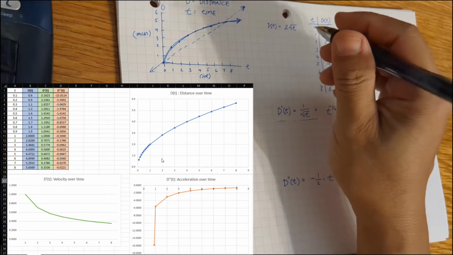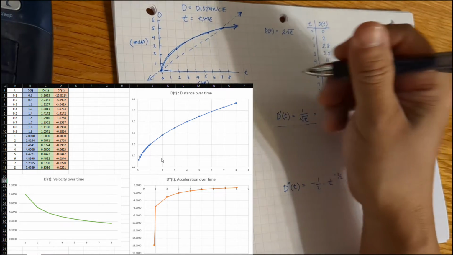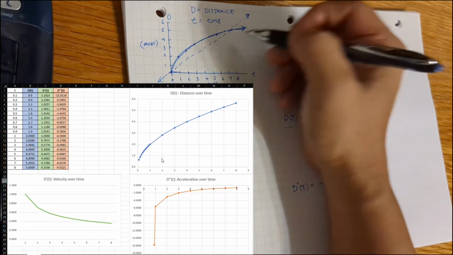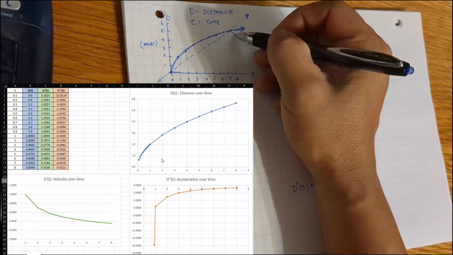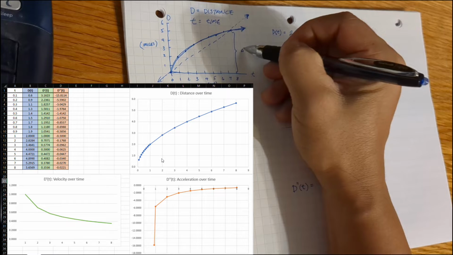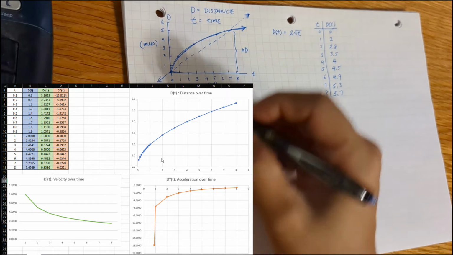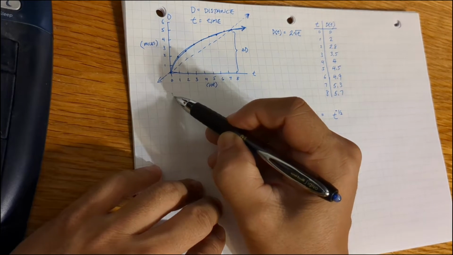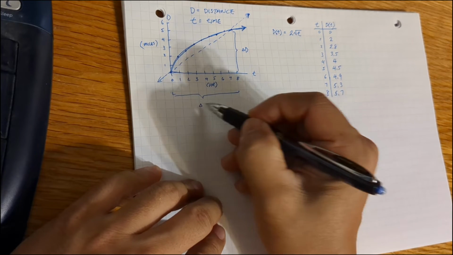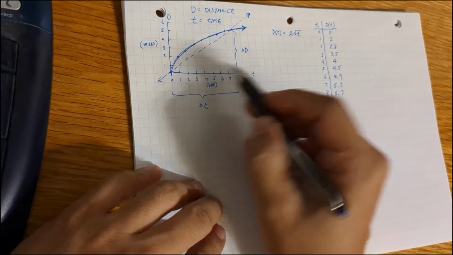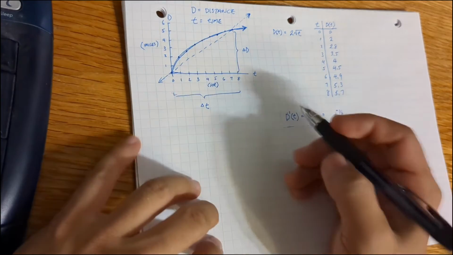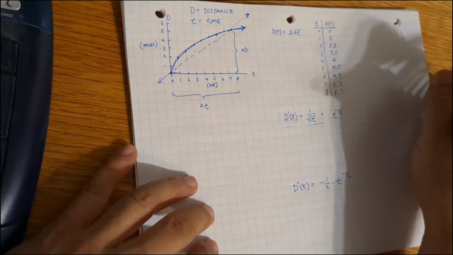When you find the derivative of something, usually we're looking for the slope. So this is the delta d, and this over here is the delta t, the change from here to here. So the delta can change depending on the time frame you're looking at.